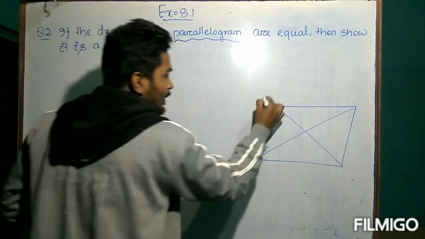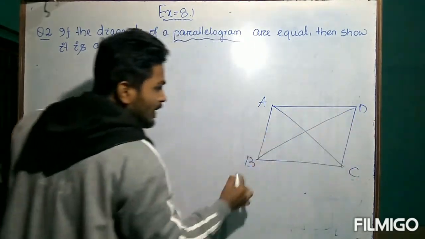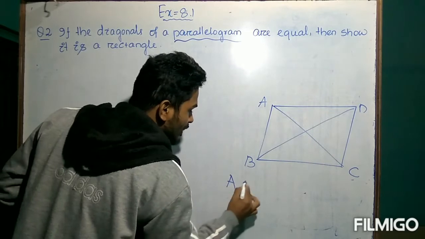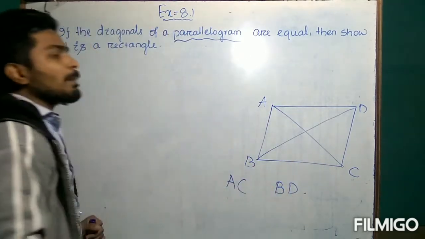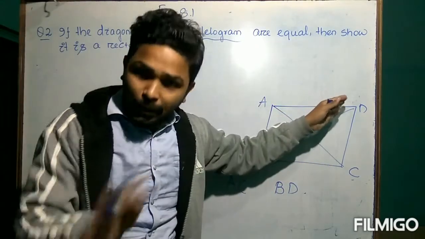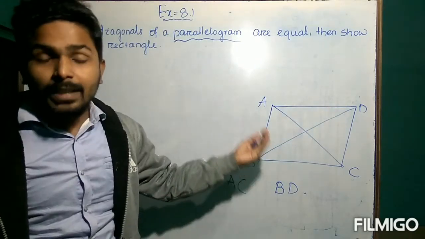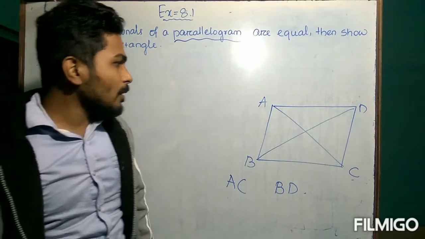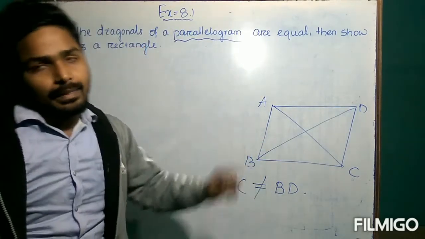Let's say ABCD is a parallelogram with two diagonals AC and BD. According to the properties of parallelogram we have discussed, we take AC and BD to be of unequal length.